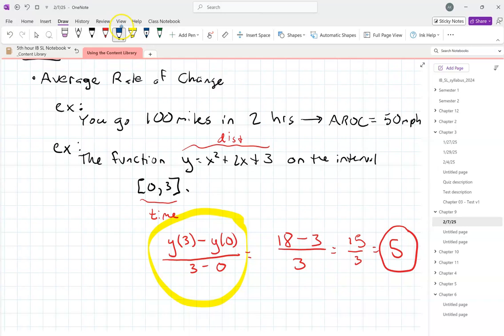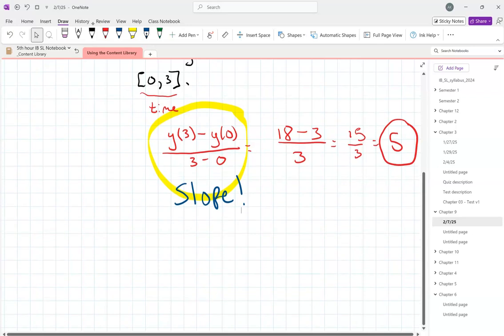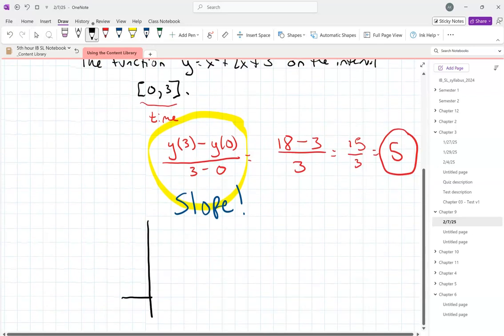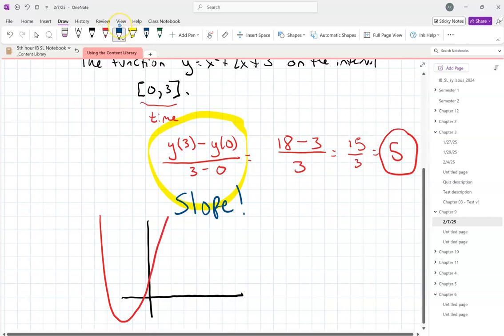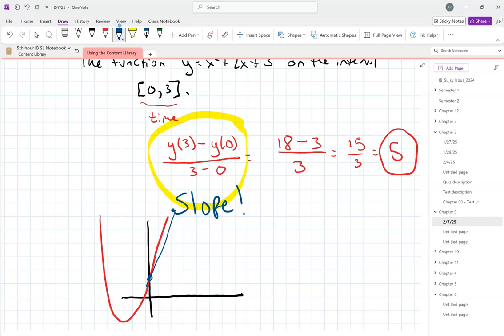What does this look like? Looks like a slope formula, right? So if we think about this graphically, we have our parabola coming through like this, and we have 0 to 3, and we're looking at that as our slope, right?